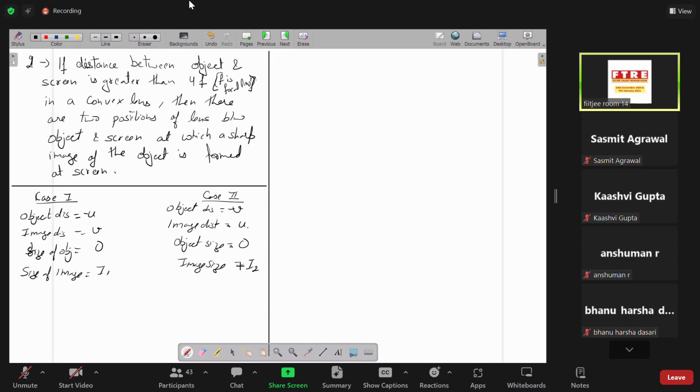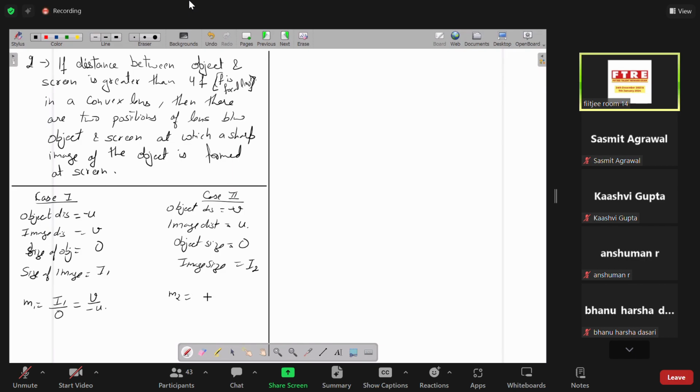Clear? So if I find the magnification, which is the ratio of image height to object height, it will be given as V upon U, so it will be V upon minus U here. This is the magnification in the first case.